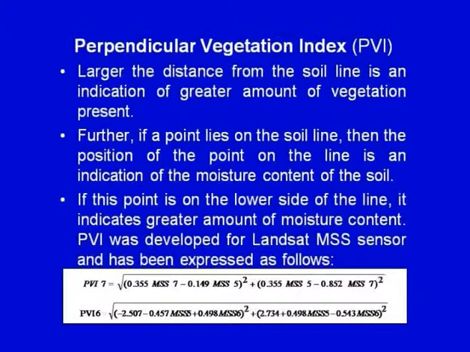MSS 6 as a matter of fact is a good indicator of the rock content.